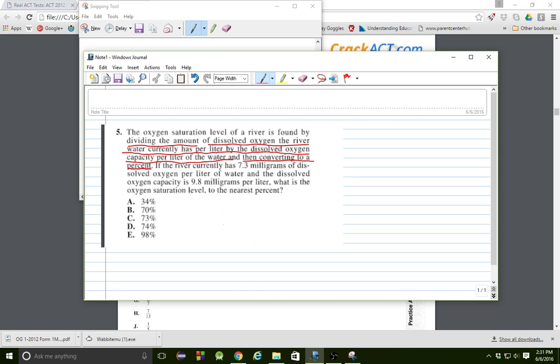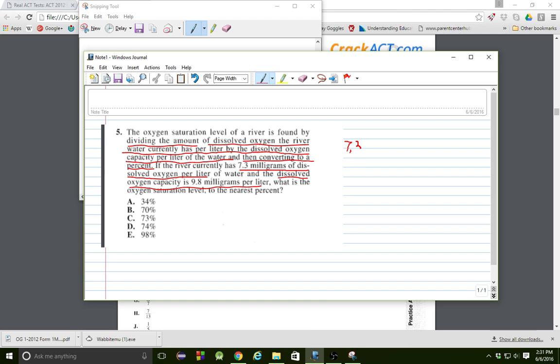So let's just divide the current amount of dissolved oxygen, 7.3 milligrams per liter, by the dissolved oxygen capacity, 9.8 milligrams per liter. And then we have to convert to a percent. So I'll show you how to do that in a second. It's really easy.